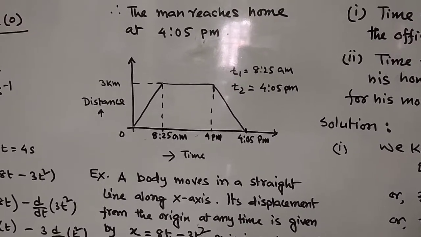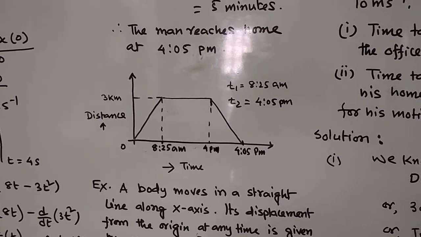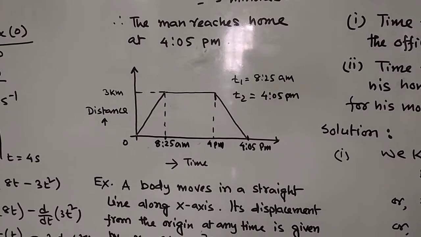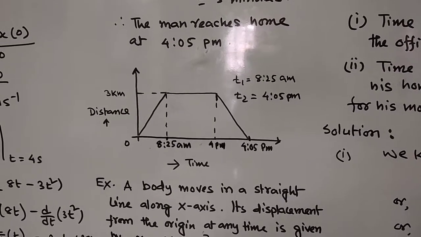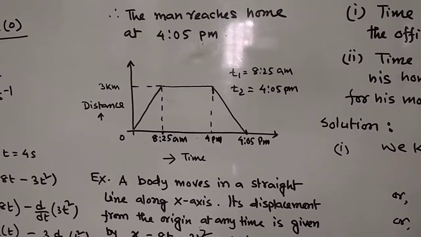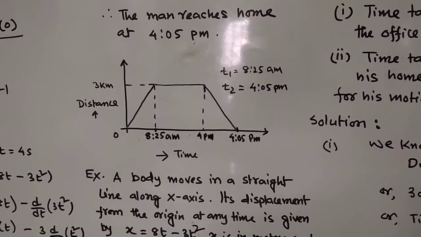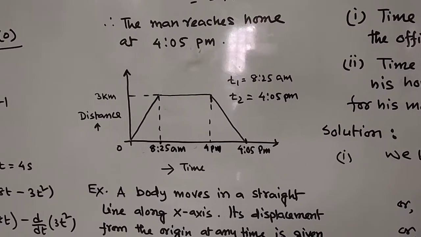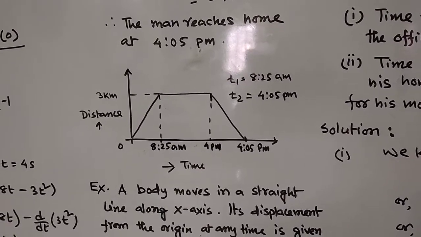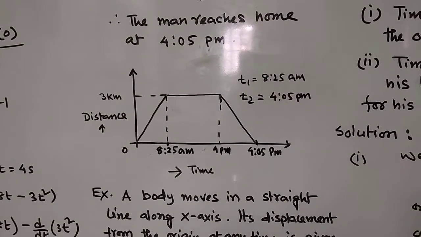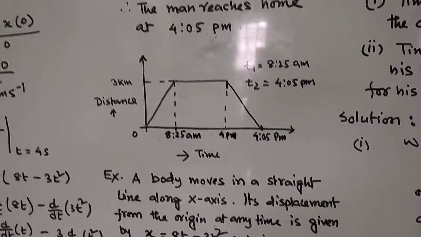And in the office the man stays till 4 p.m., and from 4 p.m. he starts his journey to his home, and it takes 5 minutes to reach his home. So this is 4:05 p.m. This is again a graph with a negative slope, because the man reaches his starting point, from where he started at 8 a.m., that is his home.